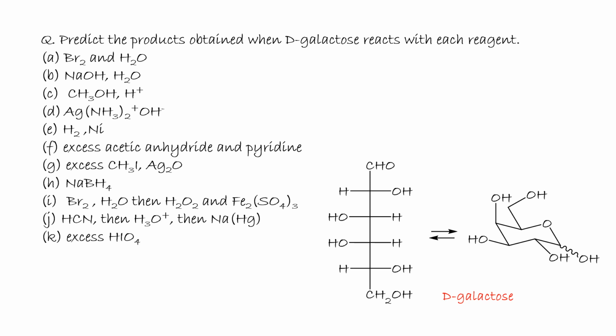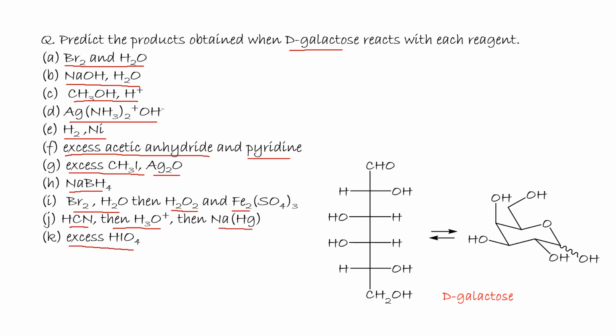Predict the products obtained when D-galactose reacts with each reagent: bromine and water, sodium hydroxide and water, methanol and acid, ammoniacal silver nitrate, Tollens' reagent, hydrogen and nickel, excess acetic anhydride in pyridine, excess methyl iodide and silver oxide, sodium borohydride, bromine water then hydrogen peroxide and ferric sulfate, hydrogen cyanide then acidification then sodium amalgam, excess periodic acid.